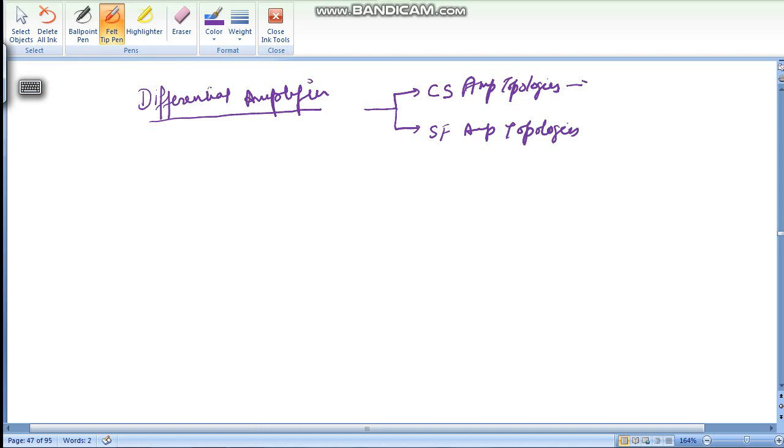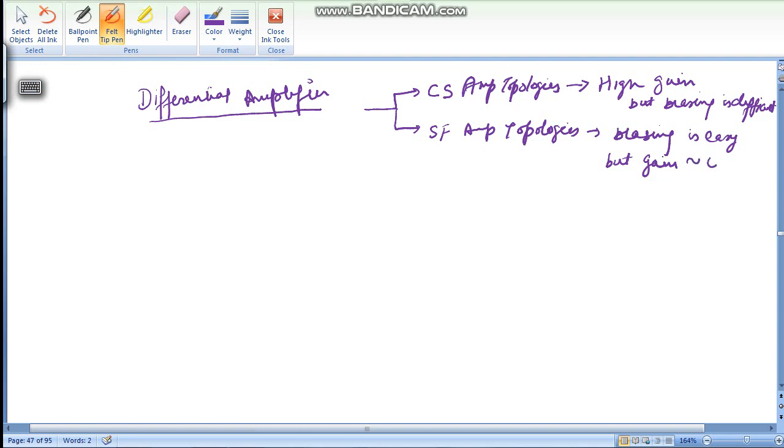In this common source topology, we are able to get high gain, but biasing is difficult. In this topology, biasing is easy, but gain is approximately unity. So we will review why so.